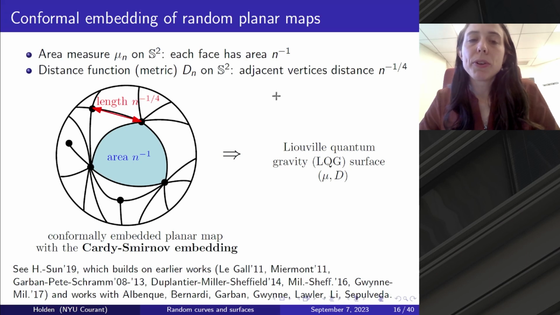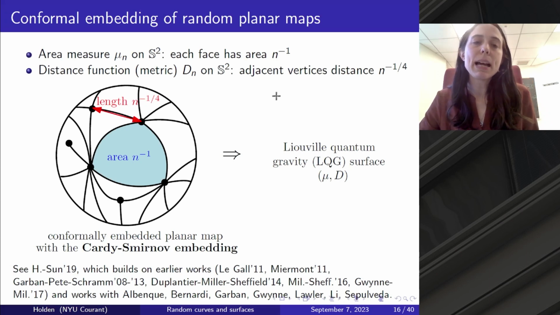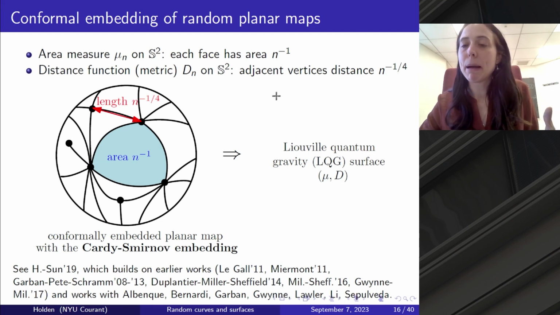If one looks at just the marginal law of the planar map under such a probability measure, then the probability that our random planar map is equal to some fixed planar map will be proportional to the partition function of the statistical physics model on this fixed planar map.